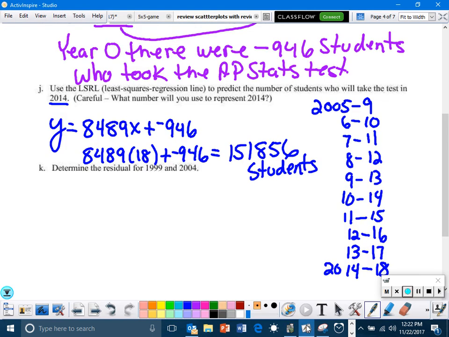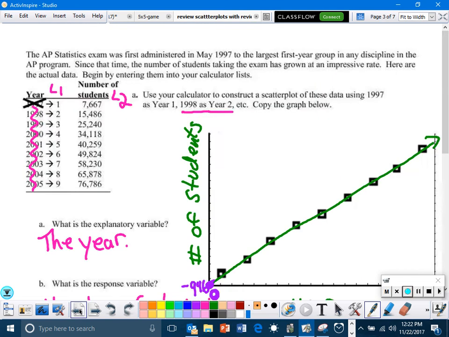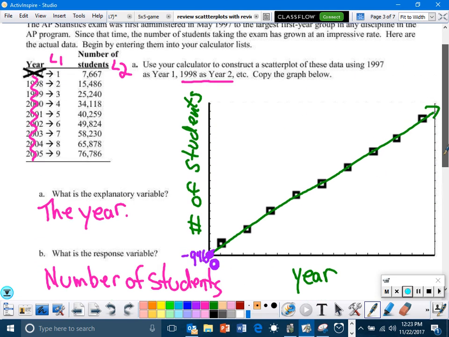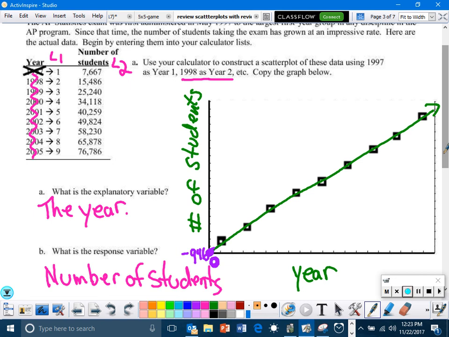So I'm going to go back to my paper and look at my table. So 1999 is the 3rd year, and 2004 is the 8th year.